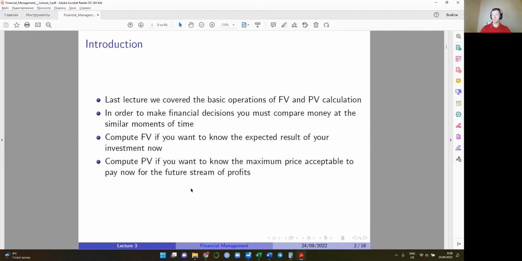So these are the main important things that you need to remember from the past lecture. And formulas, of course, but formulas are not necessary to remember. You just need to know how to use those formulas. That's the main expectation from my side.